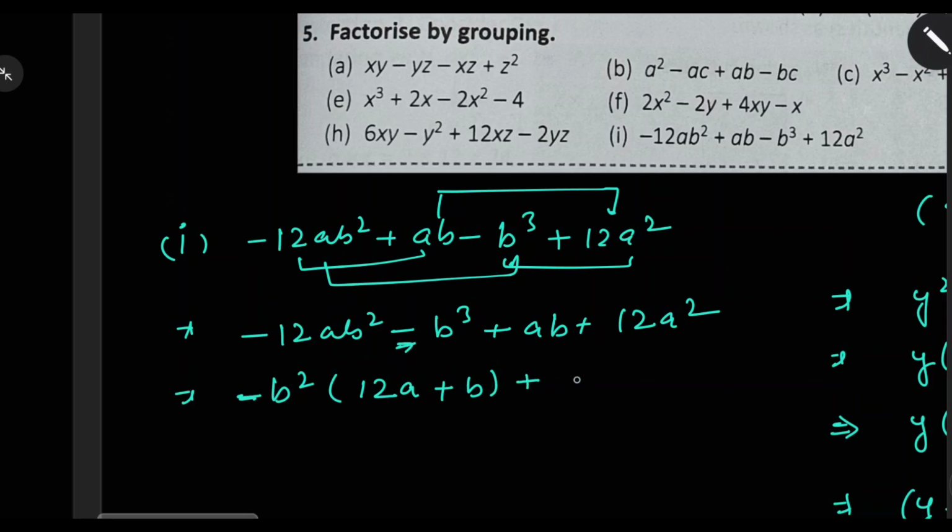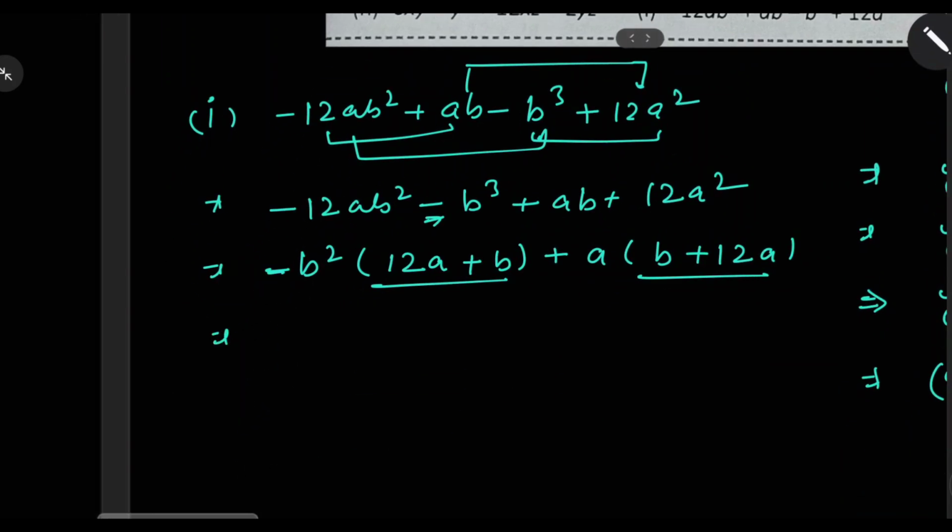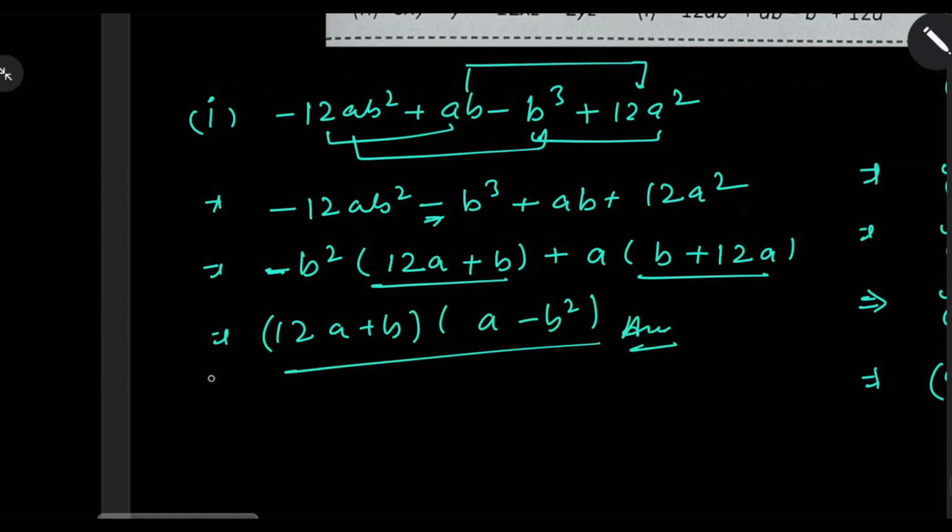Here it will be, taking a as a common, we are left with b plus 12a. As you can see, this term is the same, so we can write like this, 12a plus b, and here we got a minus b square, and this is our answer.